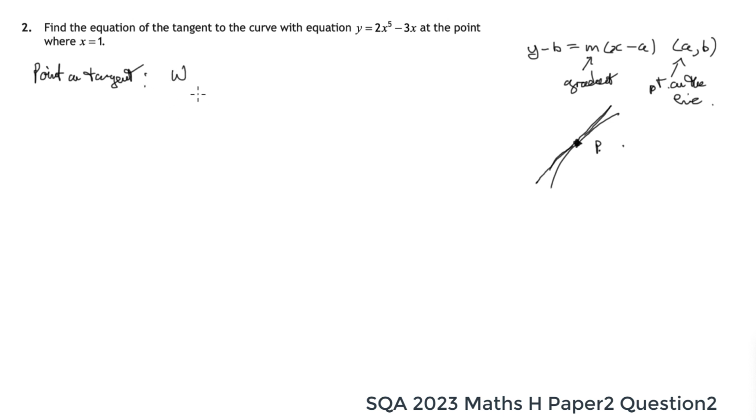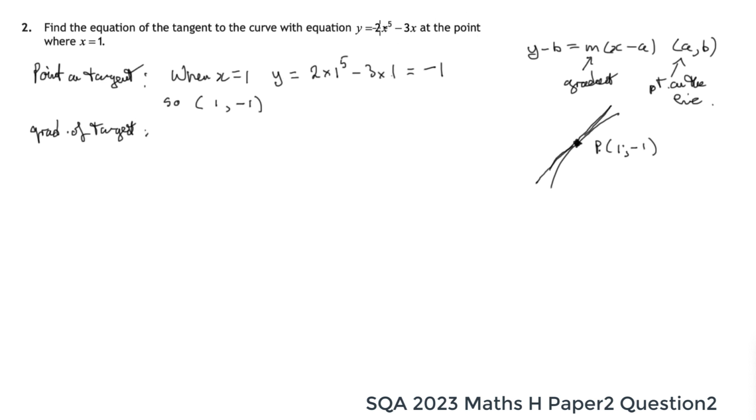So to get the point on the tangent, we'll put x equals 1 into this formula to find the y coordinate. So it's 2 times 1 to the power 5 minus 3 times 1. Well, that's 2 minus 3, that's negative 1. So we've found a point on the straight line, on the tangent, 1, negative 1. So the second problem now is to find the gradient of the tangent.